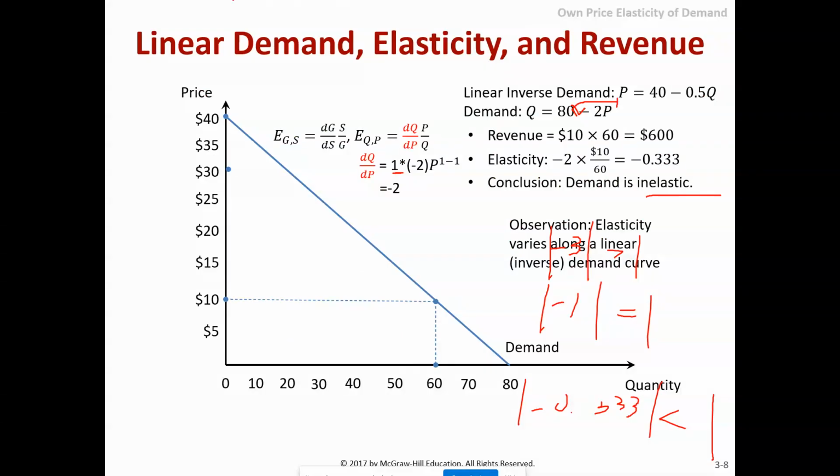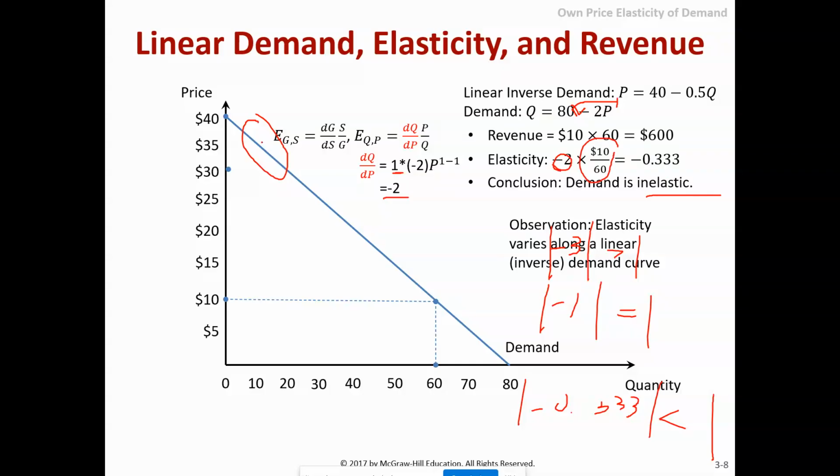So we can say from here the elasticity changes from -3 to -1 to -1/3. So for a straight demand function, the slope doesn't change. It's always -2. However, the ratio between price and quantity decreases, moving from upper left, higher price, lower quantity, to bottom right, lower price, higher quantity.